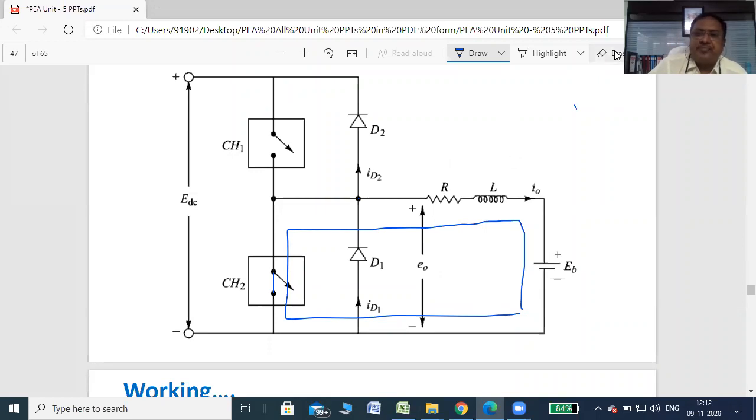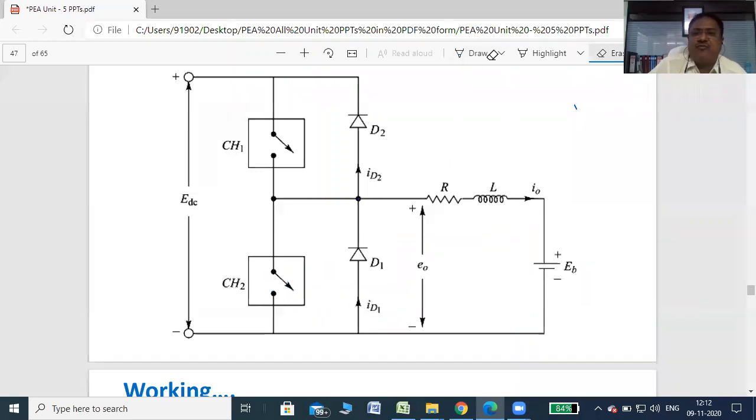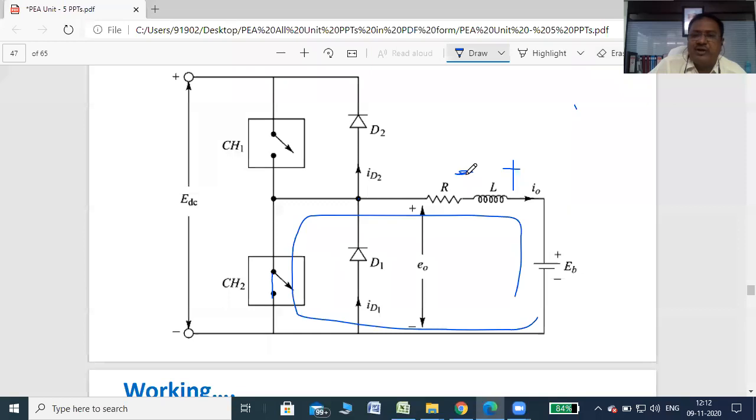Okay, then when chopper 2 is off, when this back EMF is flowing through chopper 2, right? That time the energy is stored by this inductor, a large value of inductor is used. So this inductor stores the energy in its magnetic field, with the polarity as shown in the figure.